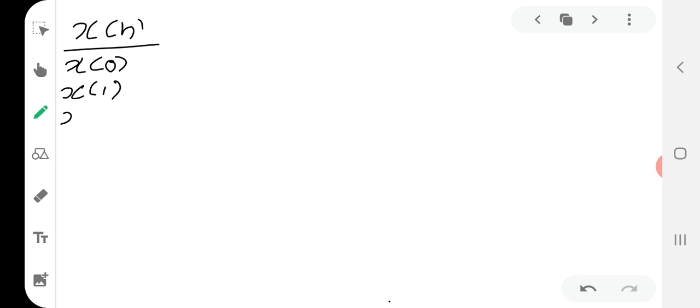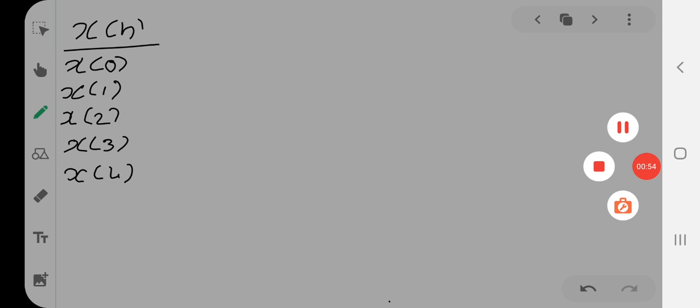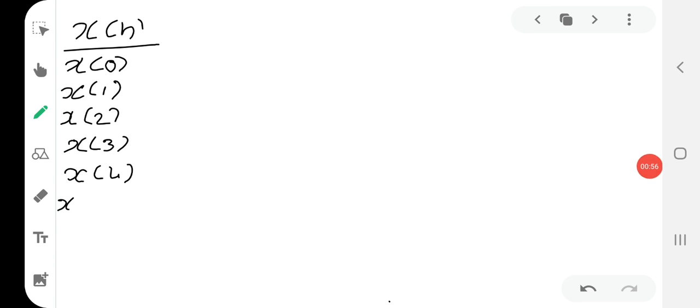Here they have given x of n, that is x of 0, x of 1, x of 2, x of 3, x of 4, x of 5, x of 6 and x of 7.